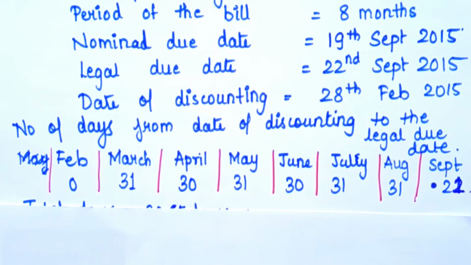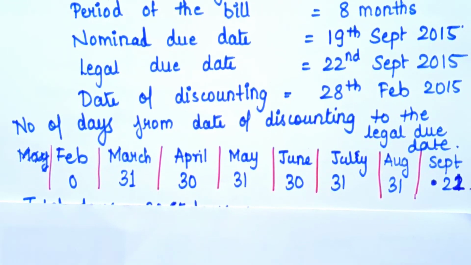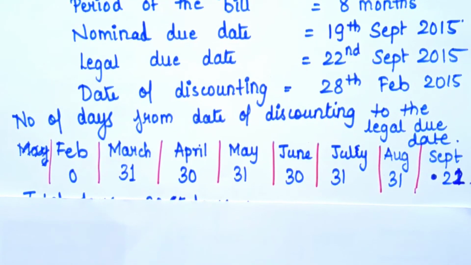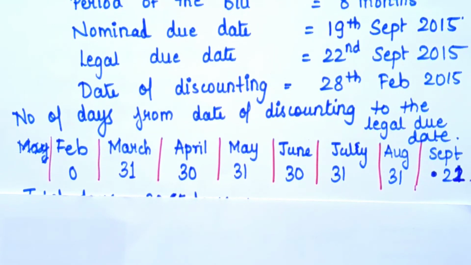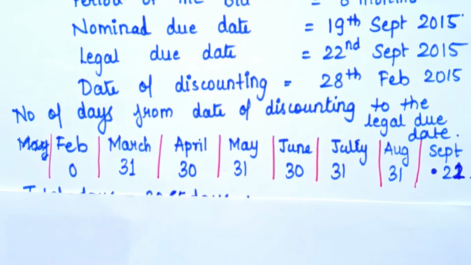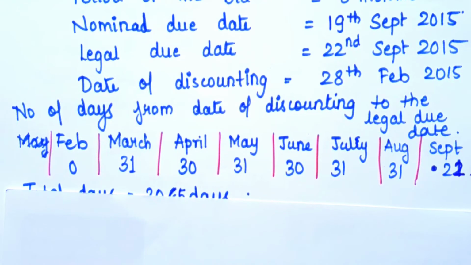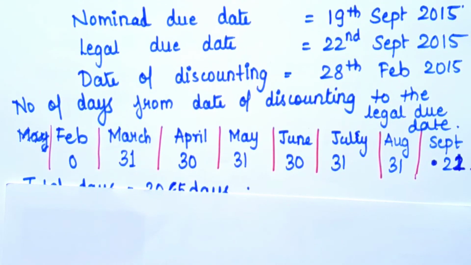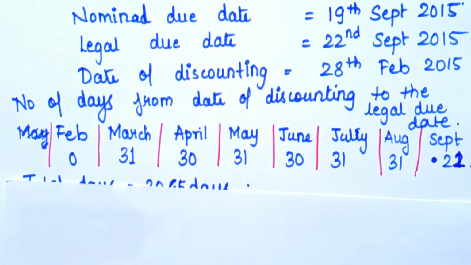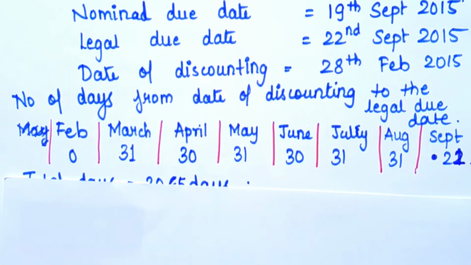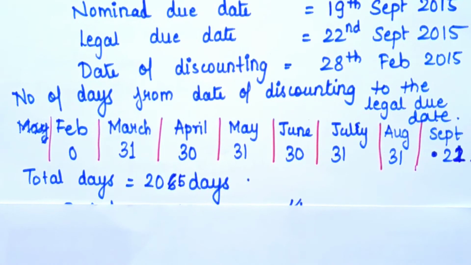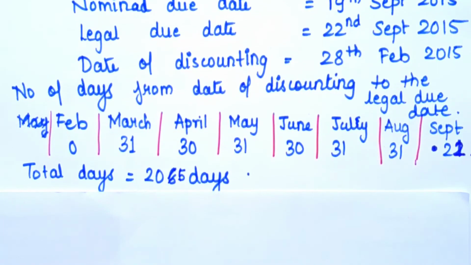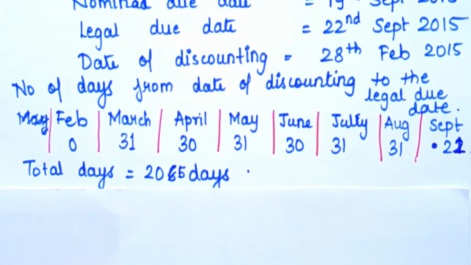You can use some other method as well. We just need the number of days between the date of discounting and the legal due date. In September there will be 22 days. When you add all of them, you get the total number of days. It will be 206 days.